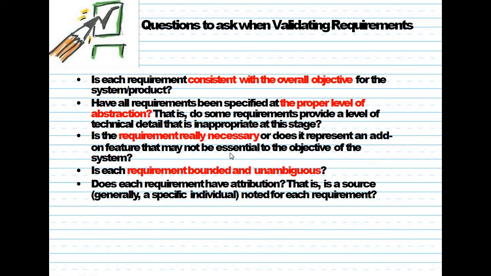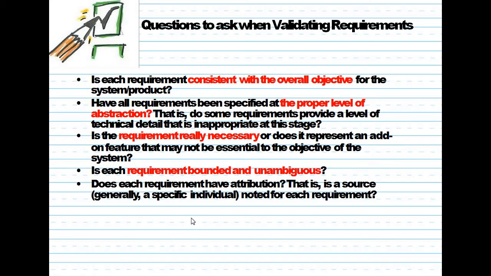Now, the questions which are asked when validating requirements are as follows. First, is each requirement consistent with the overall objectives for the system and product? Have all requirements been specified at the proper level of abstraction? So, do some requirements provide a level of technical detail that is inappropriate at this stage?